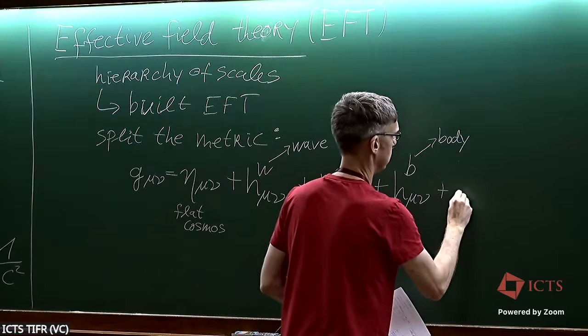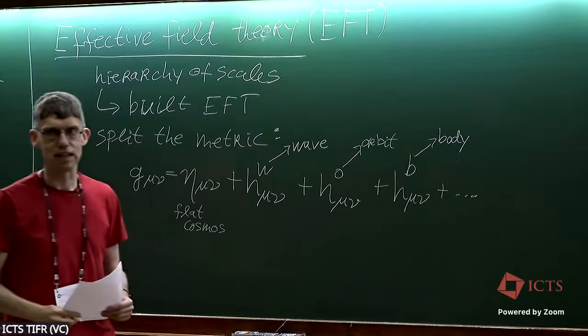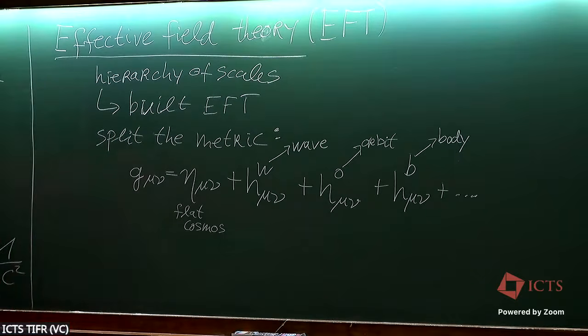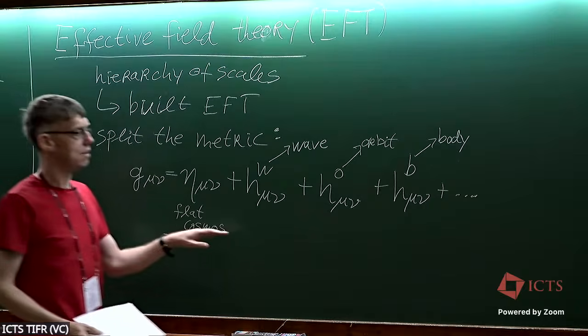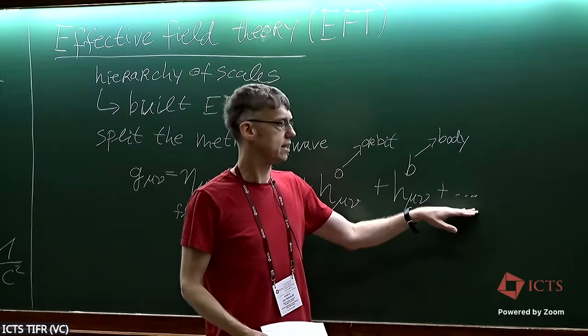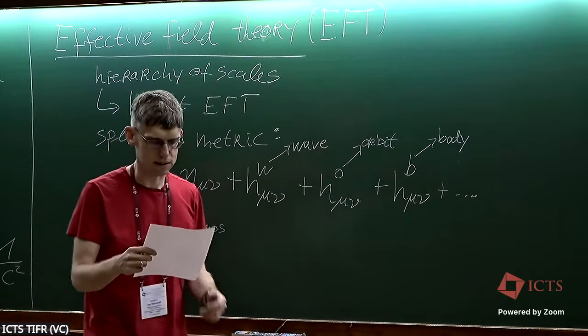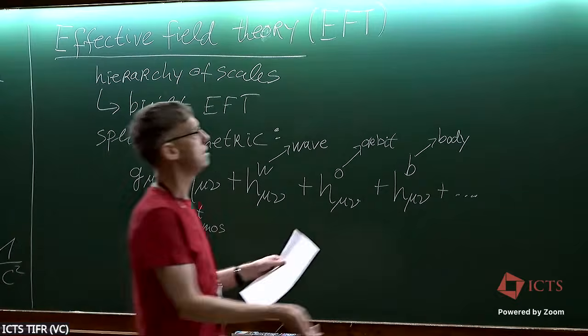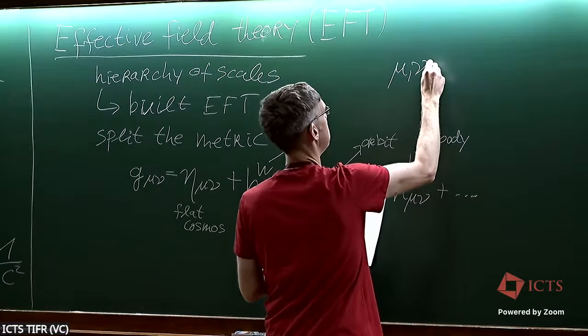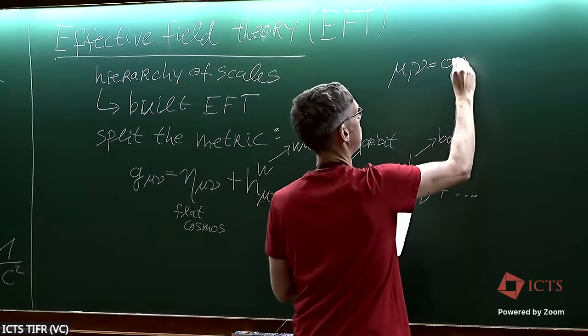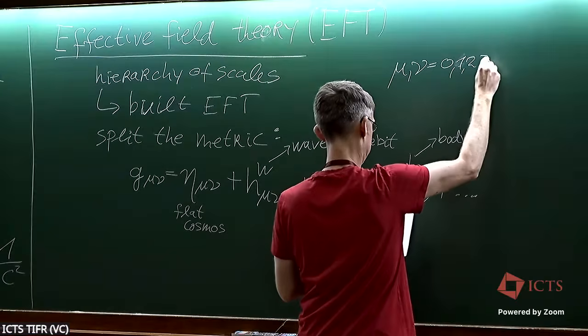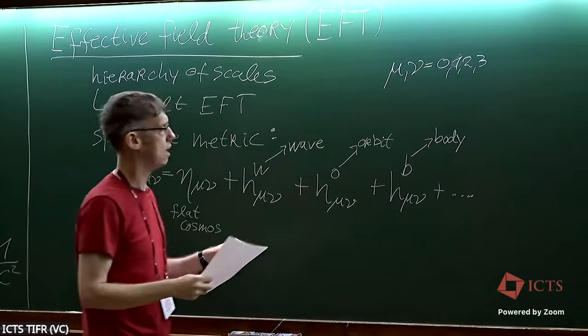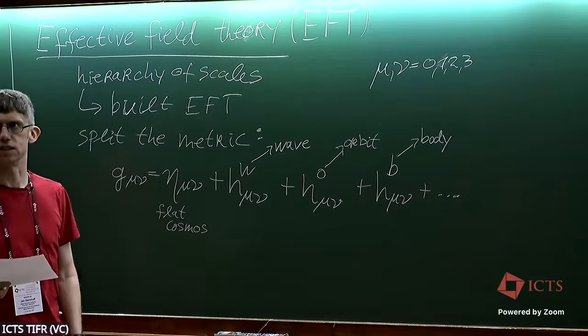In general, there might be more and more scales, of course, at lower and lower distance, because the body itself might be composed of something else. There's some physics going on inside the body, and gravitational fields generated at those scales, which would come further down here. And the indices mu, as usual, run over 0, 1, 2, 3. And I'll use the mostly minus signature for these lectures.